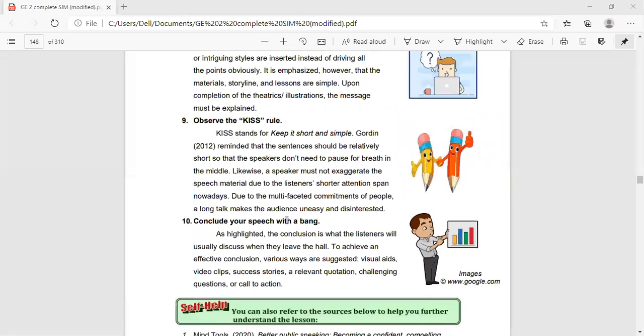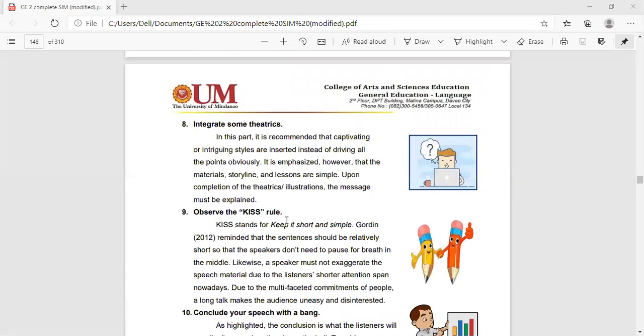Okay, then Number 8, integrate some theatrics. So in this part, it is recommended that captivating or intriguing styles are inserted instead of driving all the points obviously. So it is emphasized, however, that the materials, the storyline, the lessons are simple. So upon completion of the theatrics and illustrations, the message must be explained.